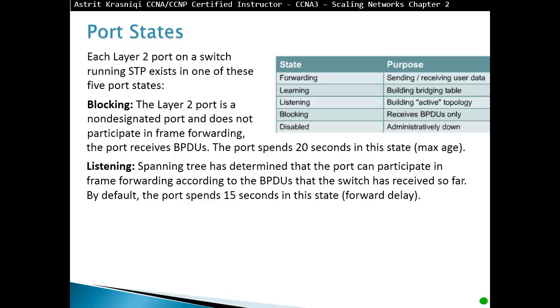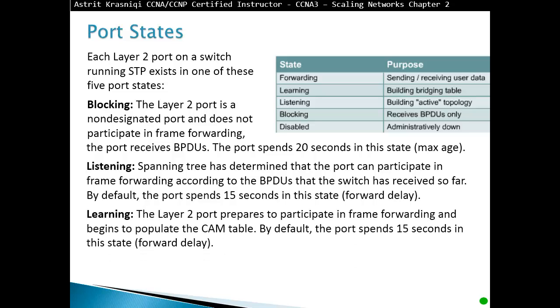Listening: Spanning Tree has determined that the port can participate in user frame forwarding, according to the BPDUs that the switch has received so far. By default, the port spends 15 seconds in the forward delay state, and then we move on to the learning state.